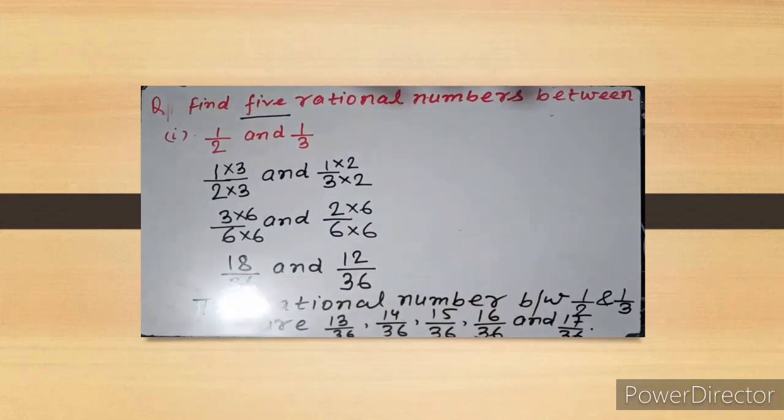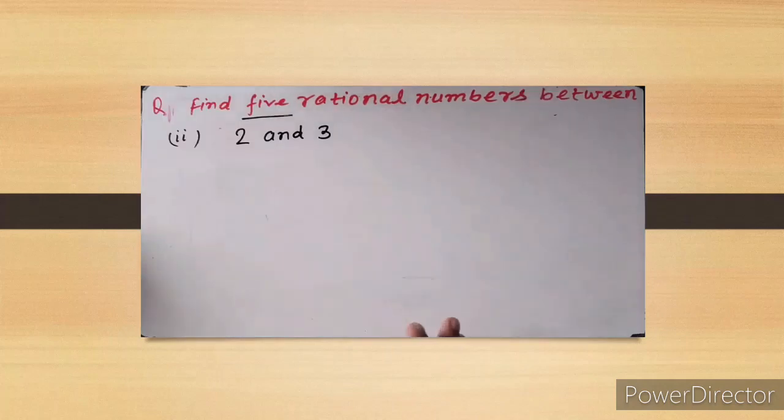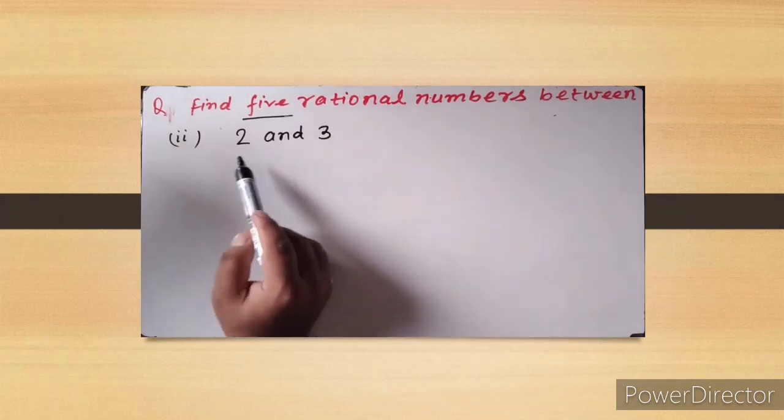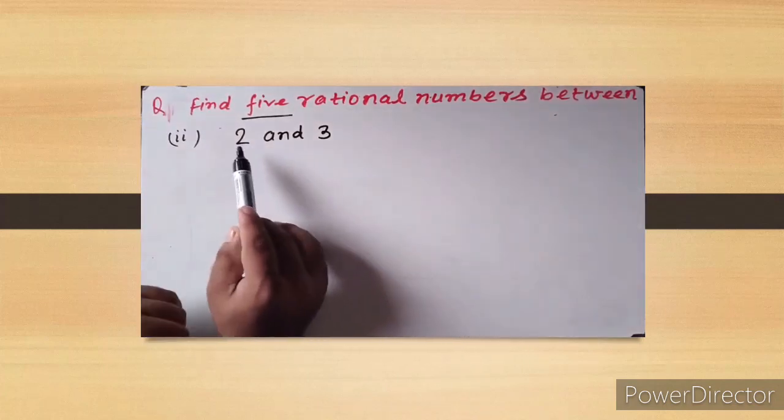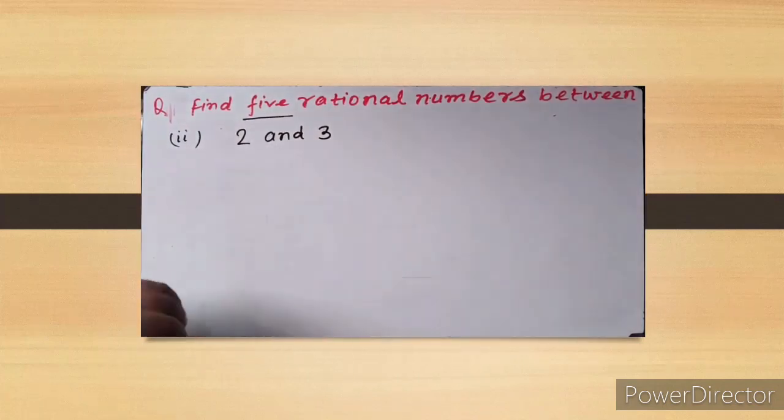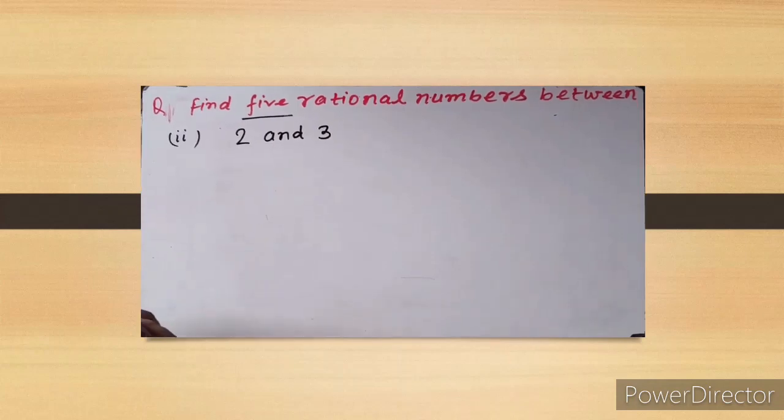Okay, now we will see the other question. Now, students, we will see this one question. We have to find between 2 and 3 five rational numbers.